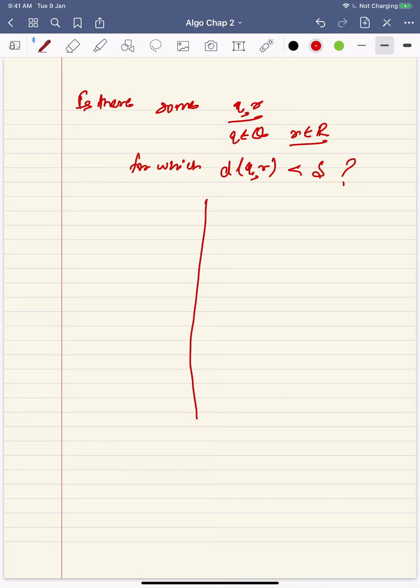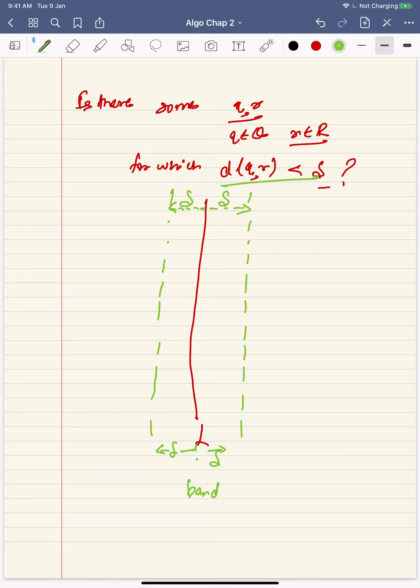This is my boundary L. I have got delta, so I know they can lie at most within delta of the line, on both sides. So this is my wall, and any points that satisfy this constraint should lie in this particular band.